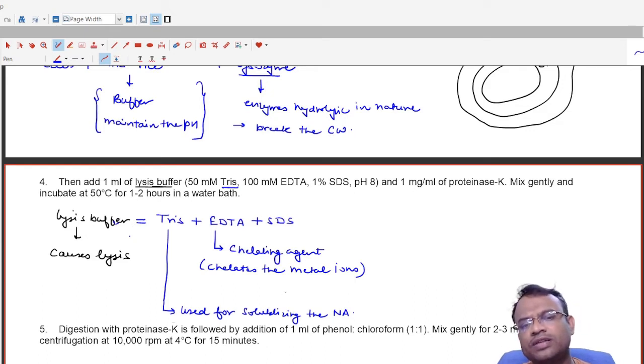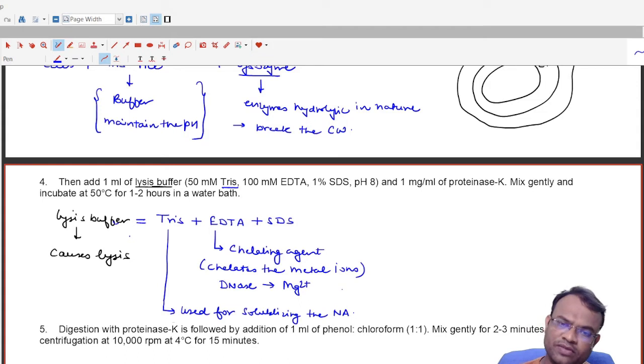Why am I saying it chelates the metal ions? You might be knowing that the DNases, the nucleases, will cleave off the DNA. These DNases require Mg2+ as the cofactor. Without this, they would not be able to function. We would not want DNases in our solution, because if the DNases were present, they would definitely break down the genetic material that we want to isolate.